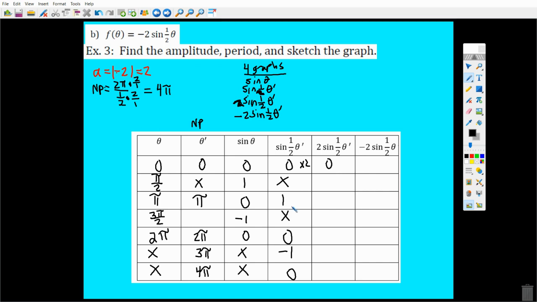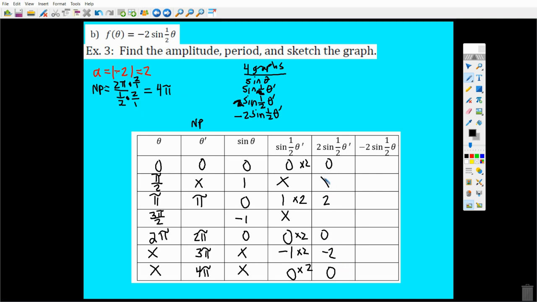This is not relevant. Multiply by 2, we get 2. Again, not relevant at 3 pi over 2. So we go to 2 pi, multiply by 2, we get 0. We go to 3 pi, multiply by 2, we get -2. And we go to 4 pi, multiply by 2, and we get 0. So 0, 2, 0, -2, 0.